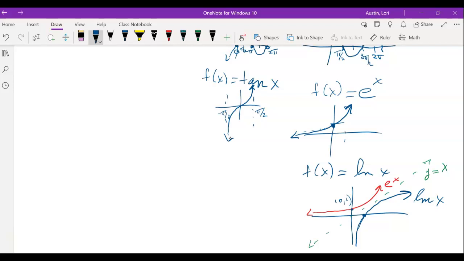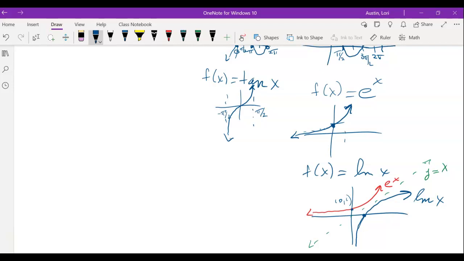So what happens is every point is equidistant from the y equals x line. Again, my picture's not so great. Just to remind you of what an inverse graph actually looks like, okay?